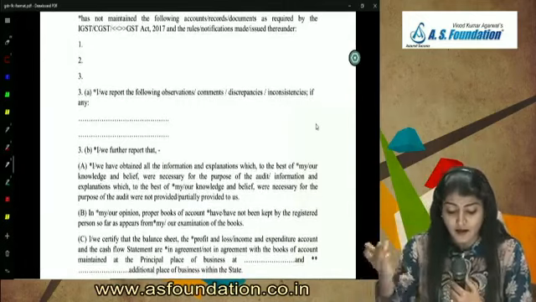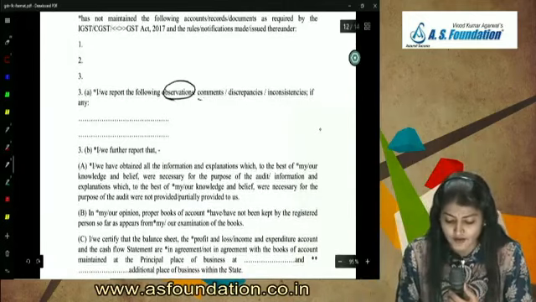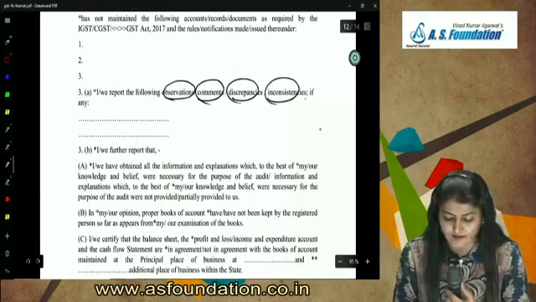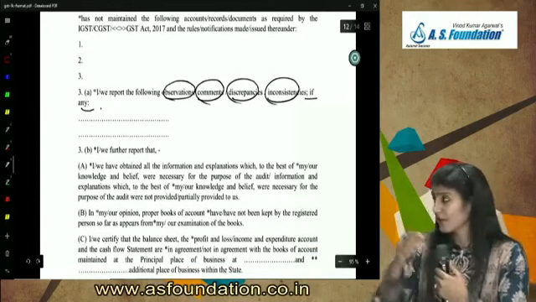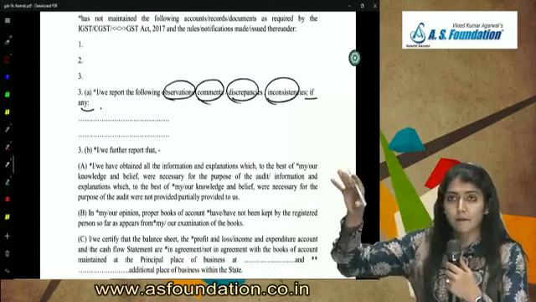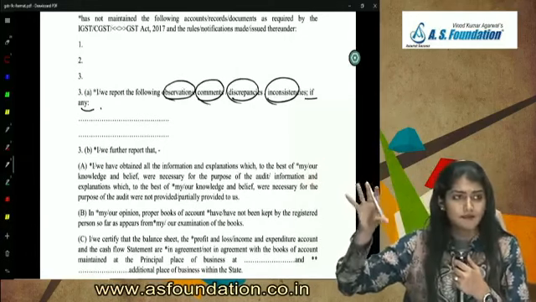Point number 3A, we report the following observations, comments, discrepancies, inconsistencies if any.